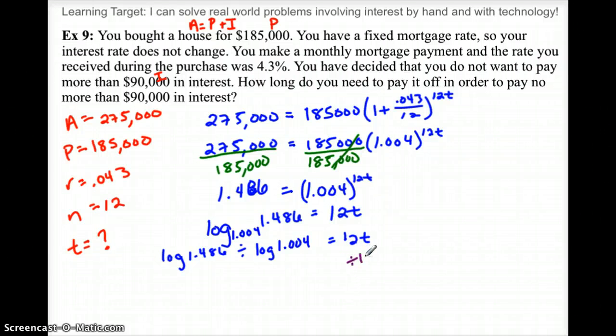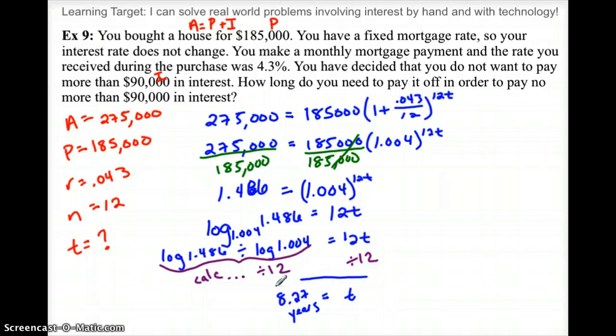I'm going to do that by dividing by 12. So once you do that in your calculator first, keep that number on your screen, and then divide it by 12. And so roughly I have a t value of 8.27, so a little over 8 years.